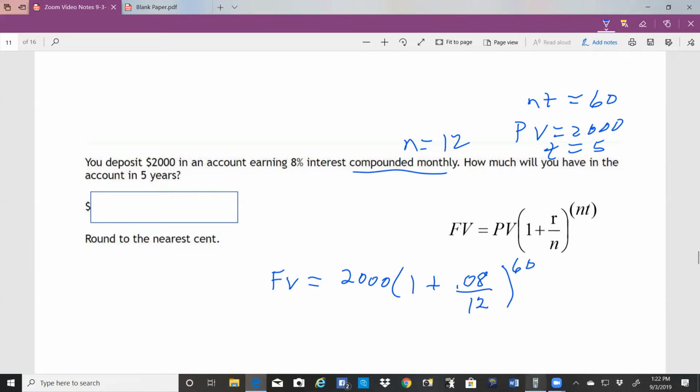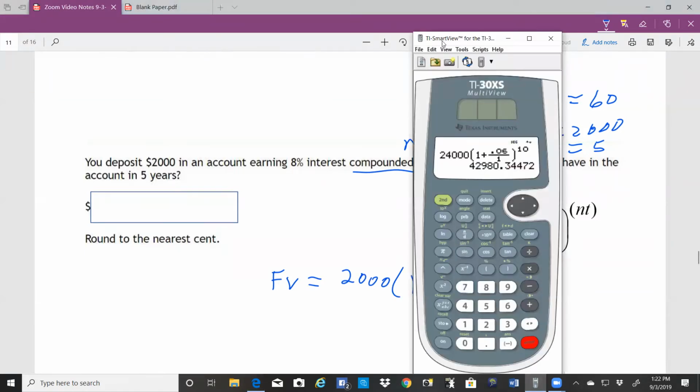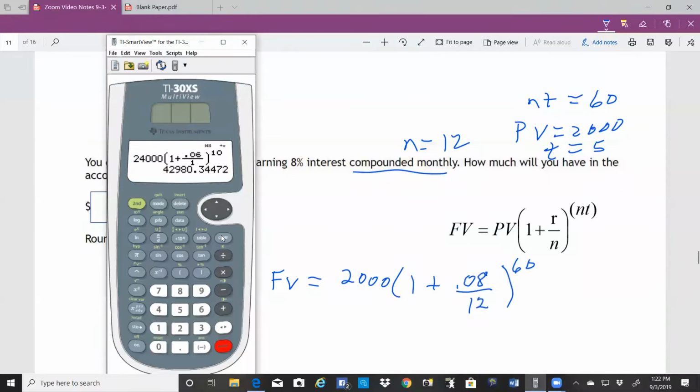I'm not going to show every one of these on here, but let's go ahead and put this in the calculator. 2,000, parentheses, 1 plus, I'm going to use a fractional expression here, 0.08 divided by 12, in parentheses, to the 60th power.